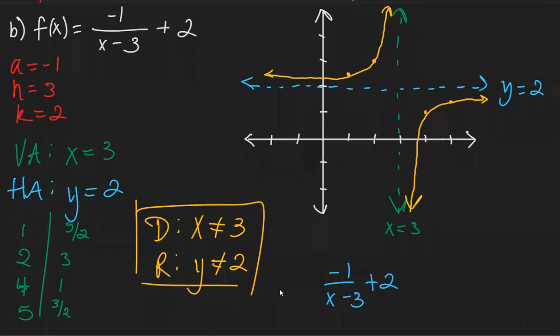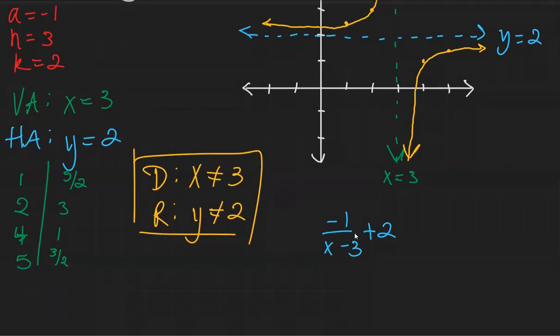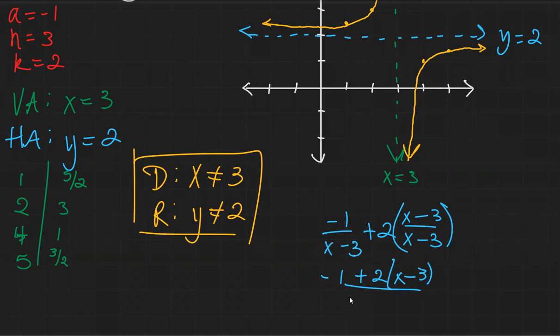If I want to get it to one fraction, I add these two. I actually do the addition. Before I do that, though, I need common denominators. The only denominator we have is x minus 3, so let's multiply 2 by x minus 3 over x minus 3. I get -1 plus 2 times x minus 3 over x minus 3. I shortcutted the operation a little bit, but this is why we did 8.4, 8.5 first.